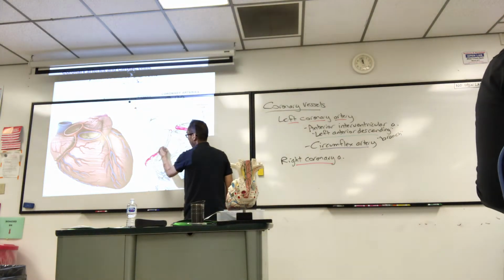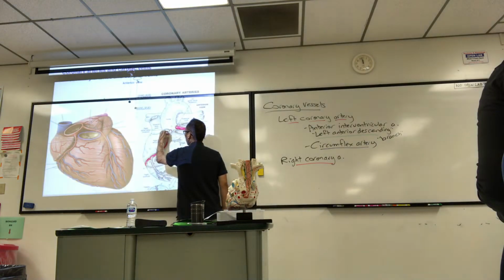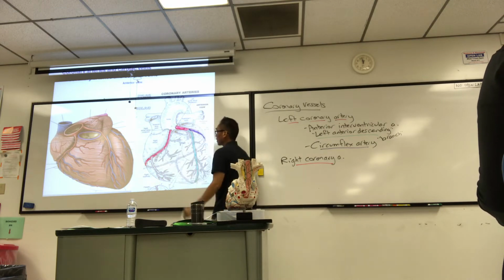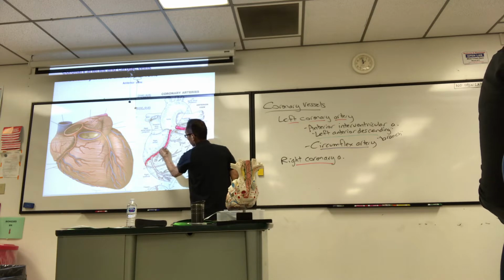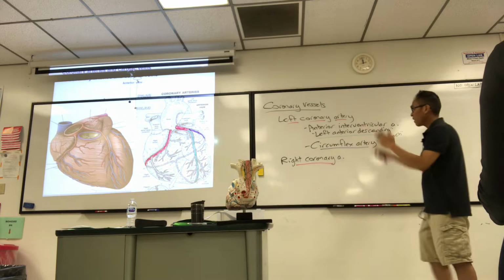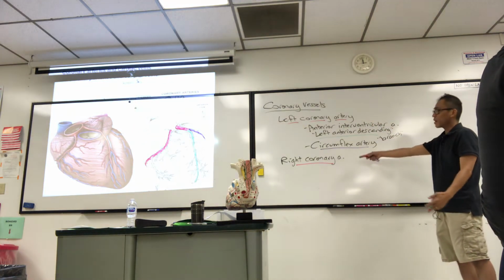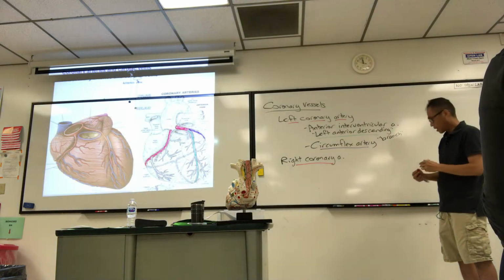I'll just color it in on the front here. Now look how long the left one is versus the right. The right is longer than the left. It gives off a lot of branches along the way. There's a couple you need to know.